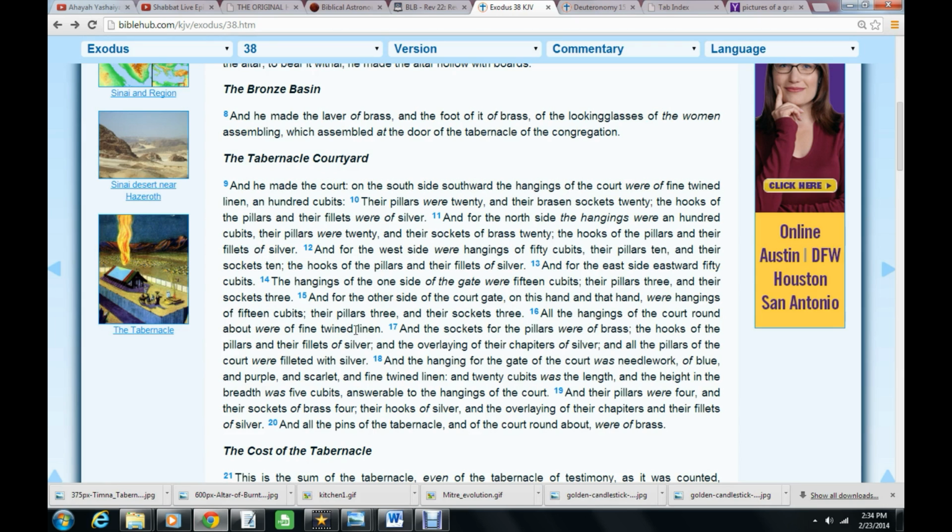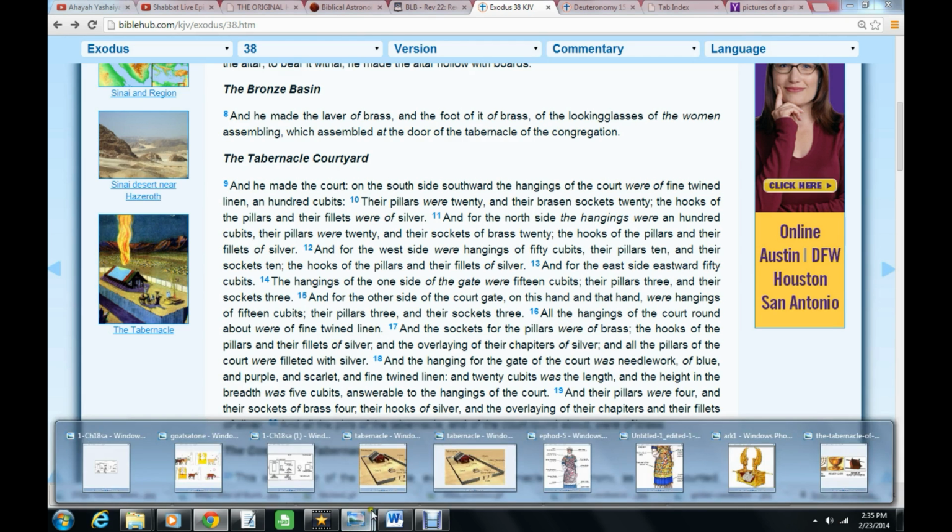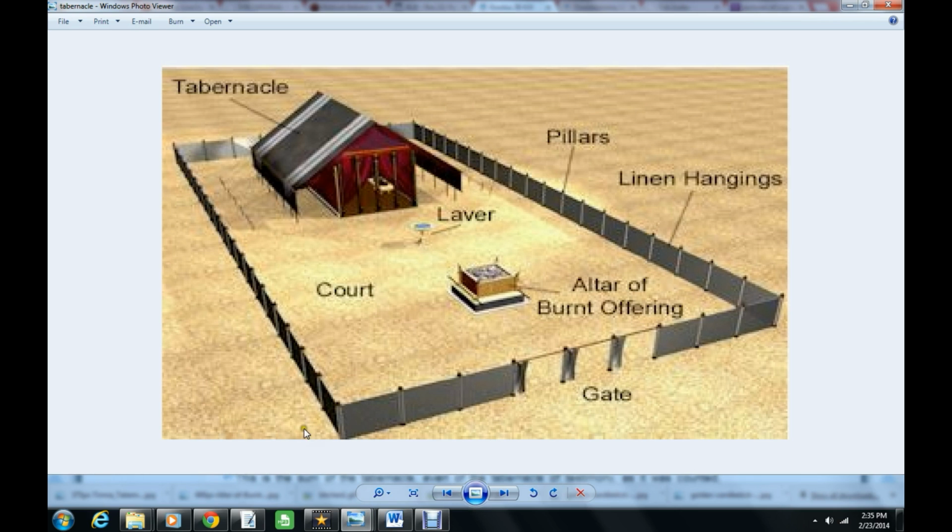And for the other side of the court gate, on this hand and that hand, were hangings of 15 cubits. Their pillars 3. And their sockets 3. All the hangings of the court round about were all fine twined linen. So all the hangings around the court, which would probably be this stuff right here, all linen. This whole courtyard, this whole thing is the courtyard.